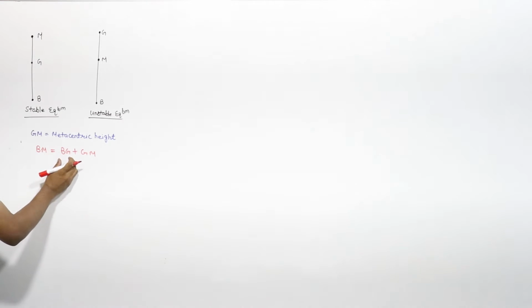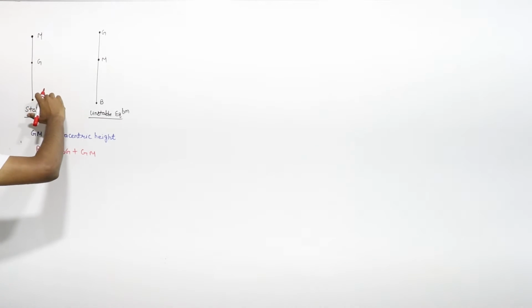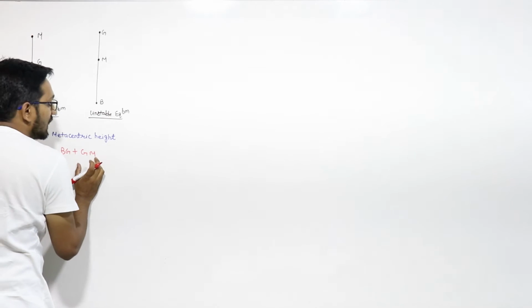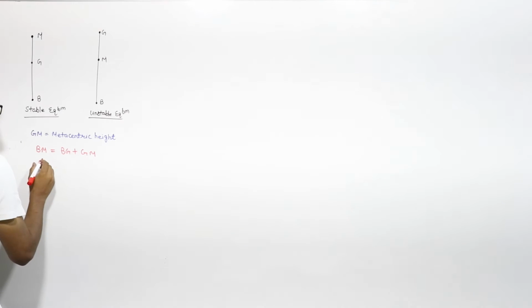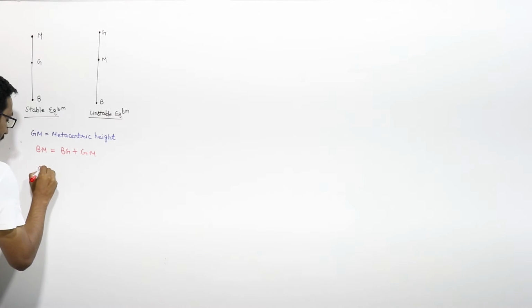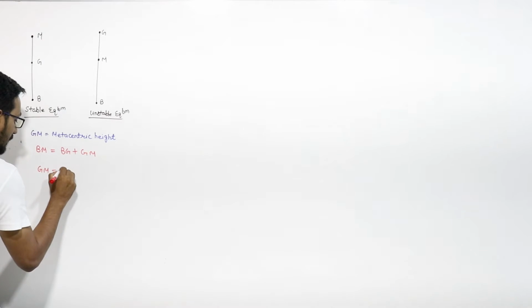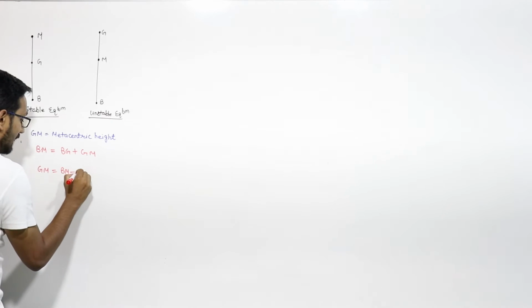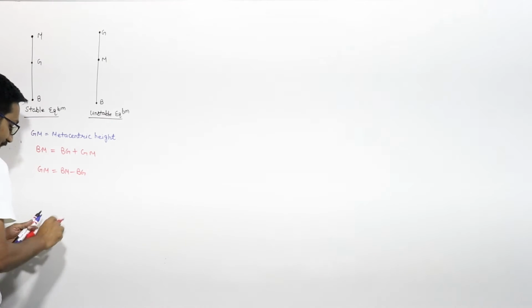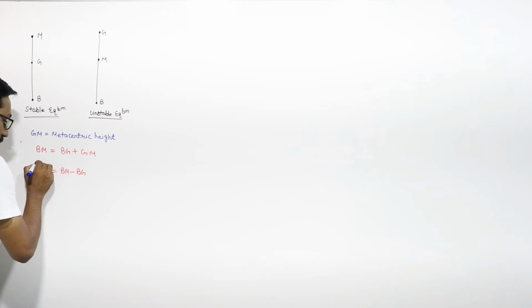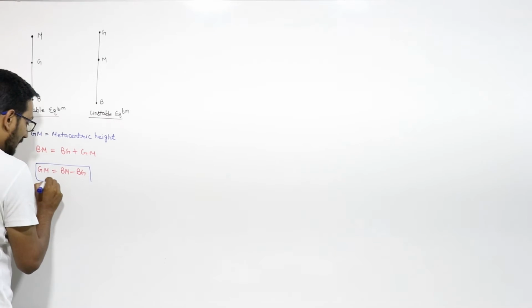BG is the distance between center of gravity and center of buoyancy. GM is your metacentric height. So from here you can write GM will be equal to BM minus BG.